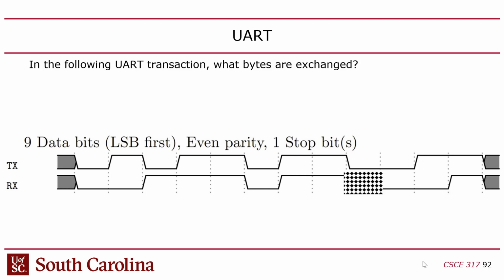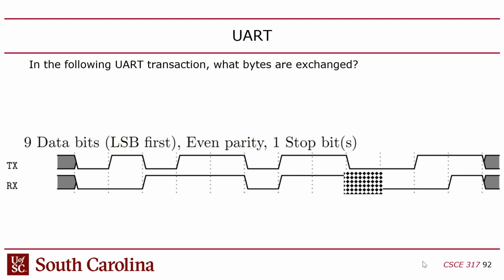So starting with the second bit, there's 1, 2, 3 1 bits, and then 4, 5. So there's 5 1 bits, and then the parity is 0. So that's odd, right? But that's not allowed because it's even parity, which means that the missing bit must have been a 1 to make it an even number.